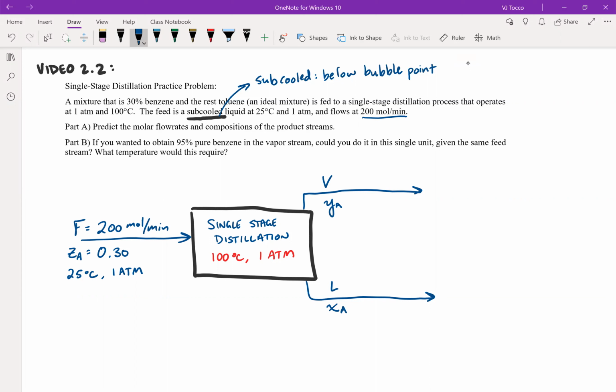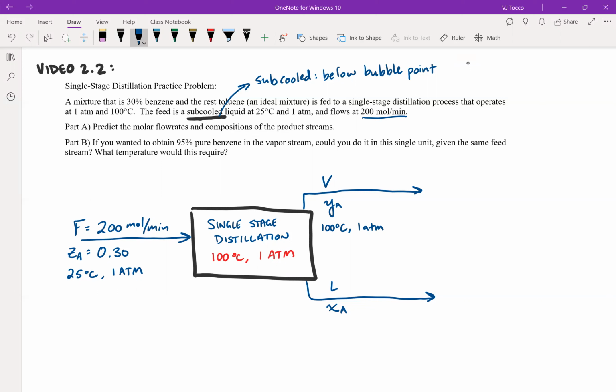One more parenthetical note before I start deriving the equations and solving them: if we wanted to know the temperature and pressure of the outlet streams, we typically say that whatever comes out of the stage is at the same temperature and pressure, unless there's something else that's changed about it, but that'll typically be changed after it immediately comes out.